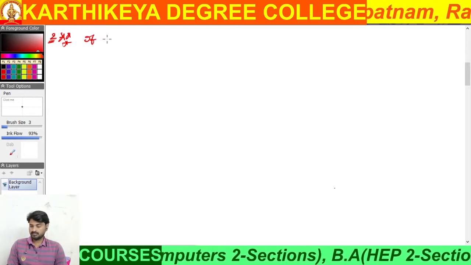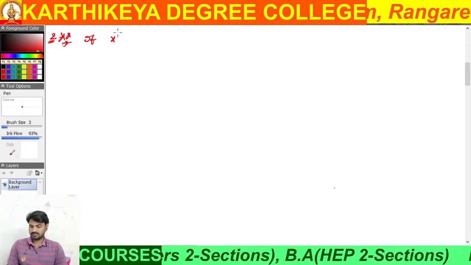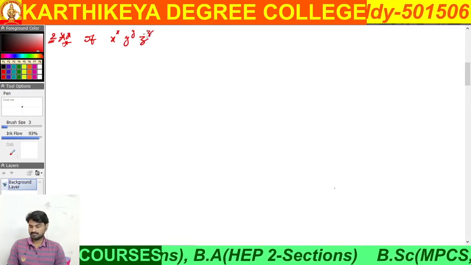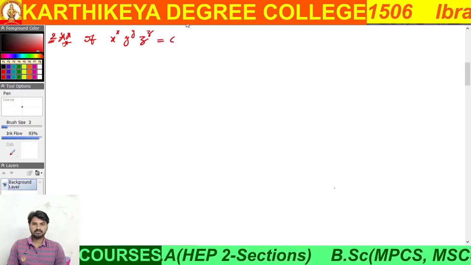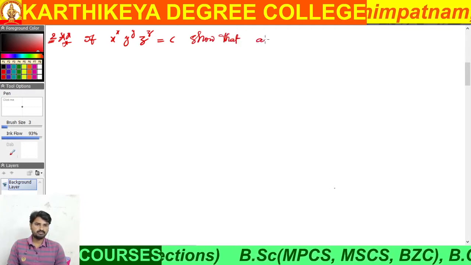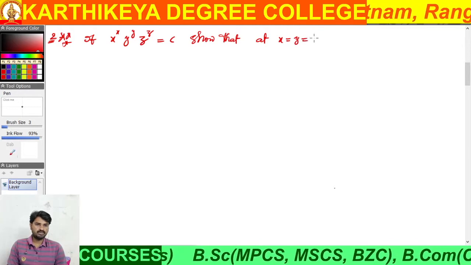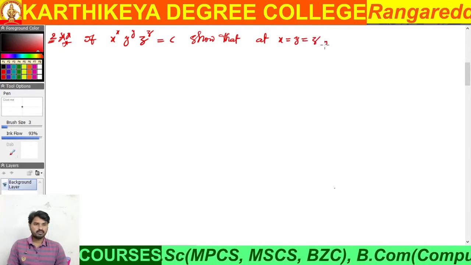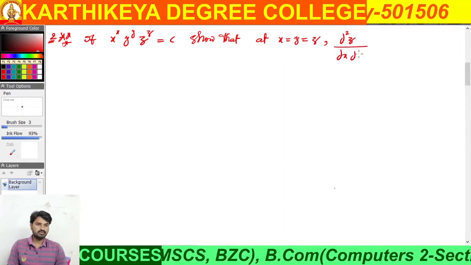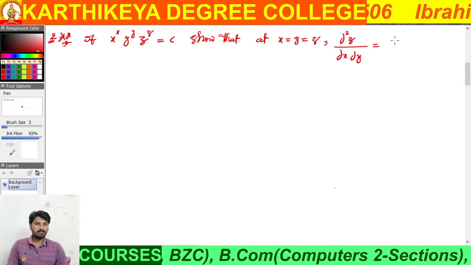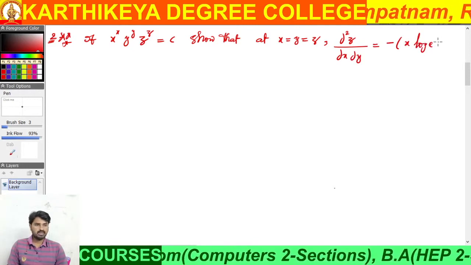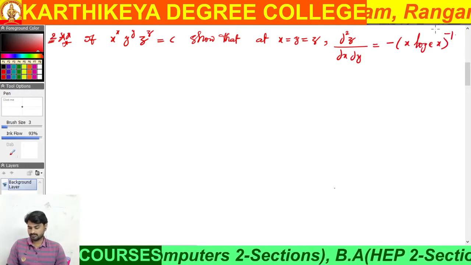If x^x y^y z^z equals a constant, show that at x = y = z, ∂²z/∂x∂y is equal to minus (x log(ex))^(-1).